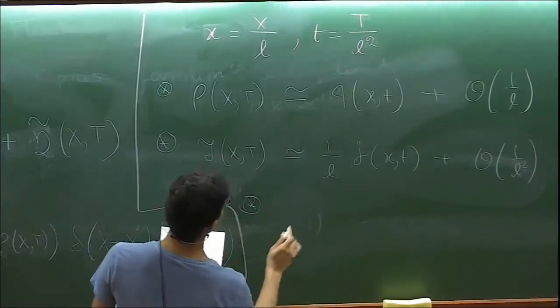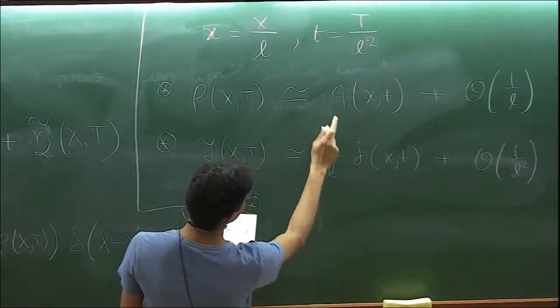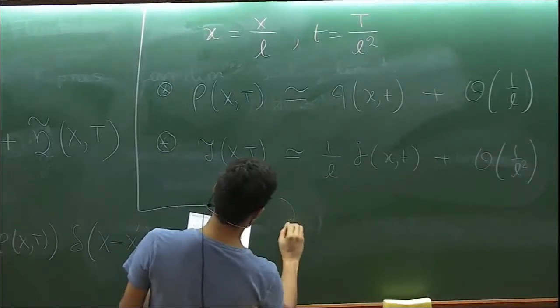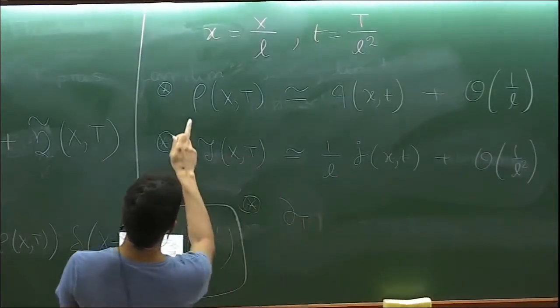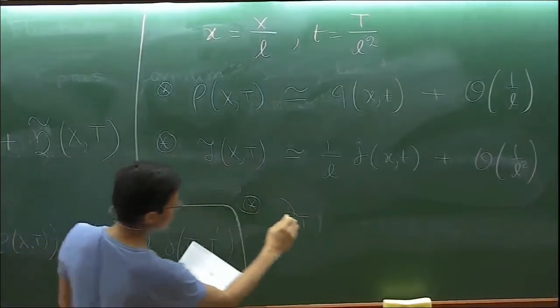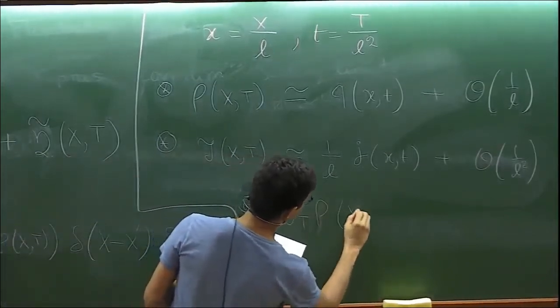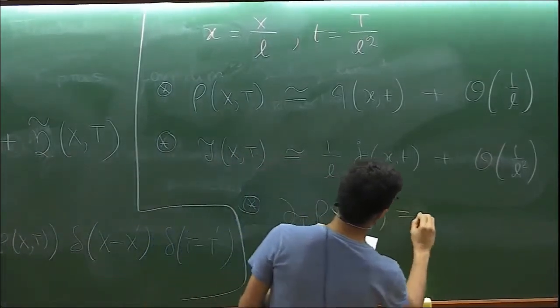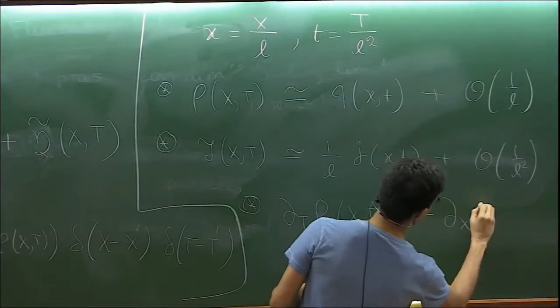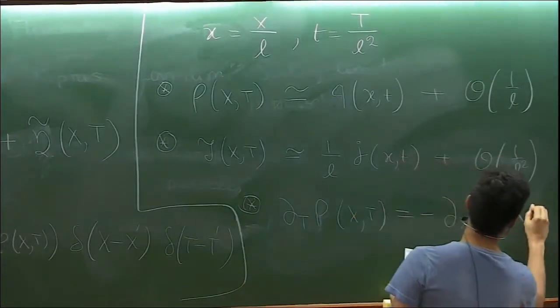And one more reason is that you can actually write down now a continuity equation between these two. So you could have started, in terms of these slow modes, with the continuity equation, which would have looked like minus del x j of x,t.